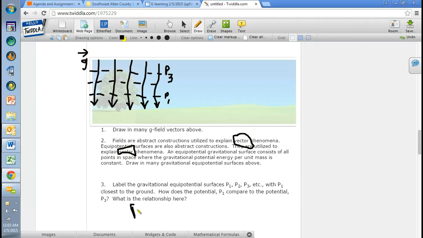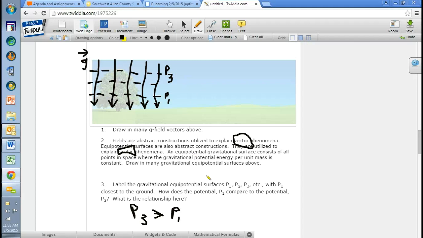Okay, so P3 bigger than P1. Feel better about that, Raj? Does that make sense, that the energy is higher up, higher from the ground?